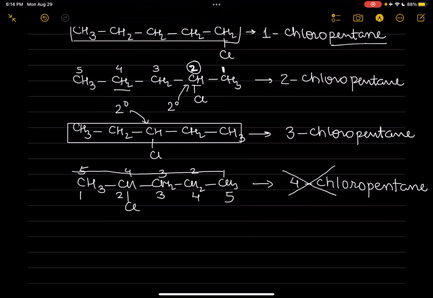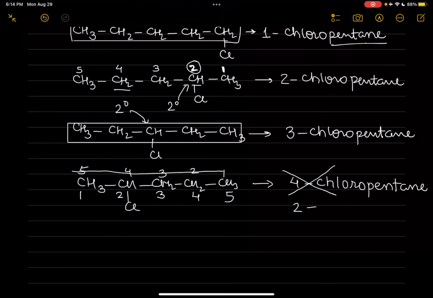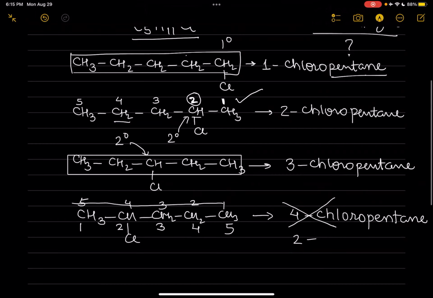But how do we know that the numbering is incorrect? Because normally with the example you just showed, 2-chloropentane, we marked it from right to left. You need to check from where the Cl is nearest.